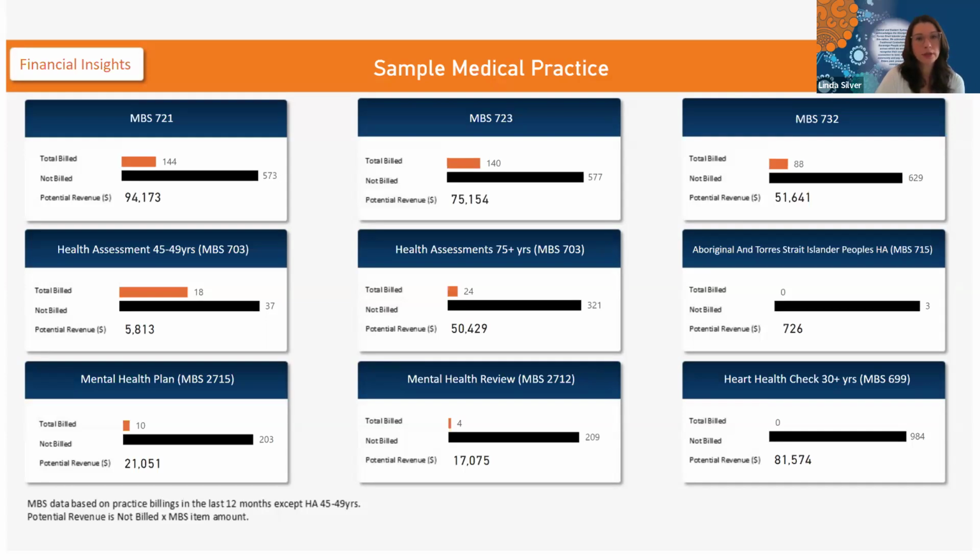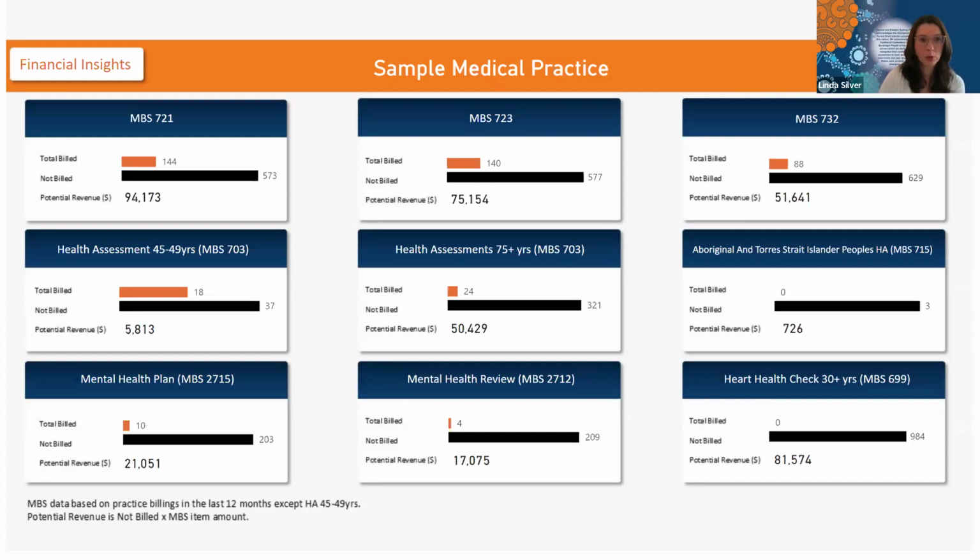So the questions here could be whether the number of initial care plans and care plan reviews is where you like it to be, whether they are fairly matched. That would indicate that you are successful at getting those patients in for a review. And because we know that on the 1st of July, things will be changing.